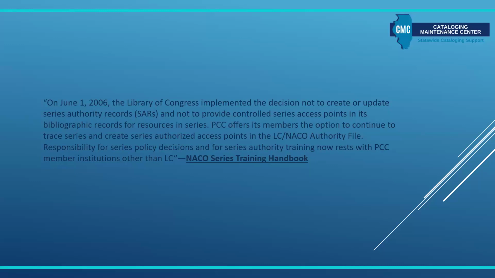And then that's when PCC offered its members the options to continue to trace series and create series authorized access points in the LC-NACO authority file. And so the responsibility for series policy decisions and for series authority training now rests with the PCC member institutions other than LC, and that's from the NACO series training handbook.